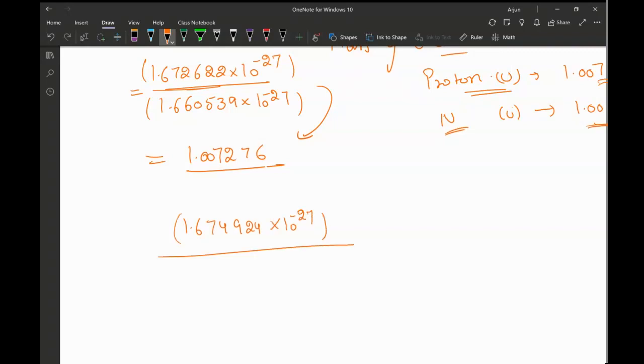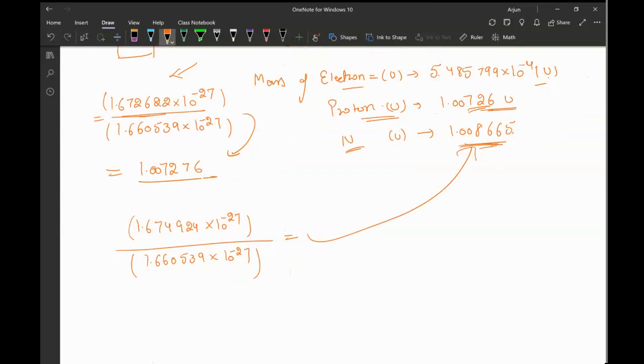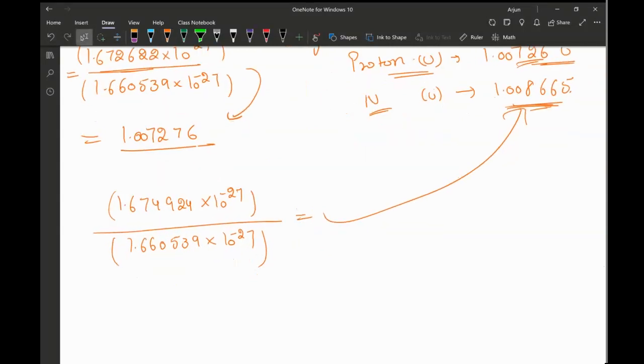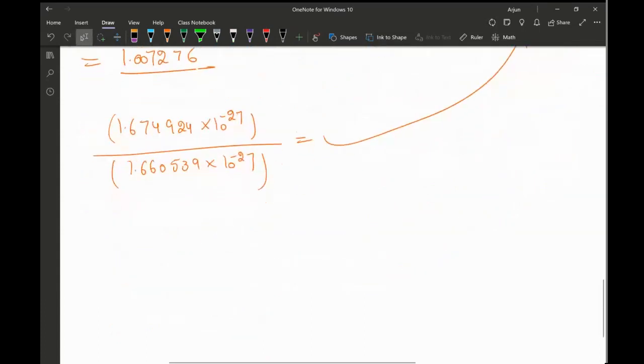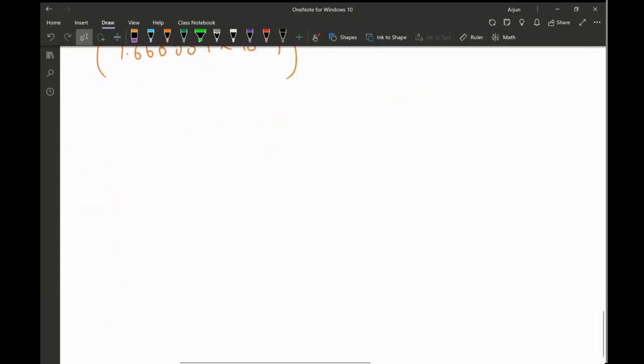Once you divide this number by 1.660539 multiplied by 10 to the negative 27, you're going to get a number something like this. All right. So this was the mass of the electron, proton, and neutron in terms of atomic mass units.